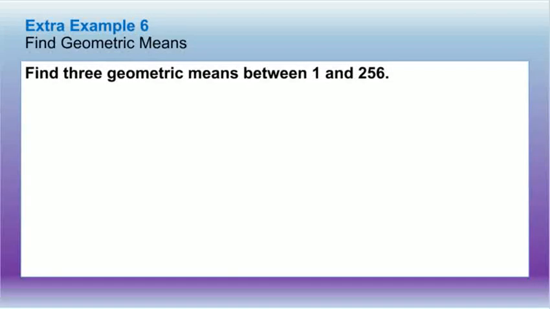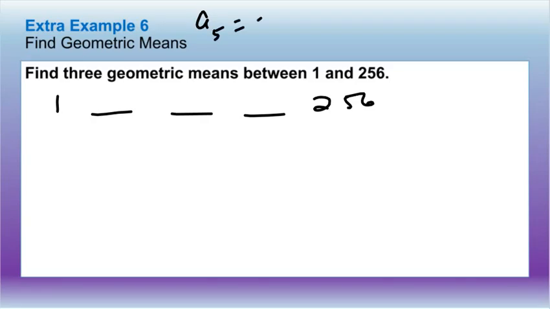And the last one, find the 3 geometric means between 1 and 256. So if A subscript 1, 2, 3, 4, 5 is 256, I can now do 256 equals first term 1 times the common ratio, I don't know, raised to the 5 minus 1 power.